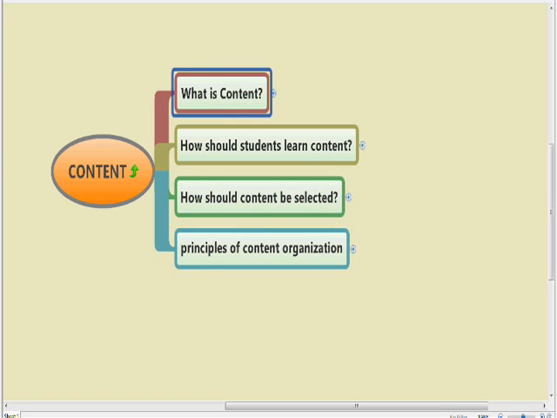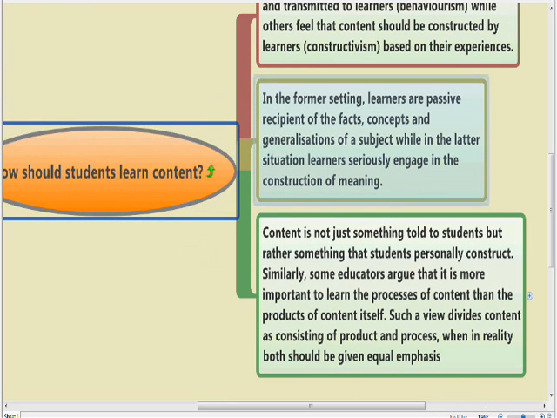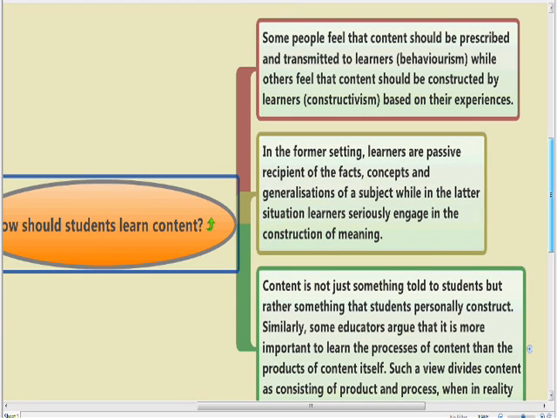Now, the next thing of content we would like to cover is how students should learn content. When we come to this, there are three major ideas we will talk about. The first one is that some people feel content should be prescribed and transmitted to learners from a very behaviorist perspective, while others feel content should be constructed by learners, very constructivist.